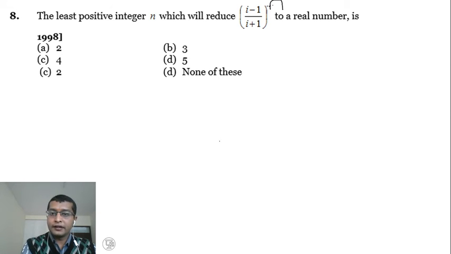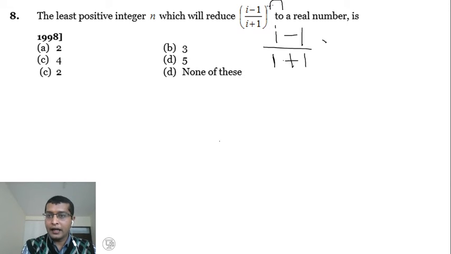So for that we have to take (i minus 1) divided by (i plus 1), and we have to multiply and divide by its conjugate here. So we get i minus 1 and i minus 1.